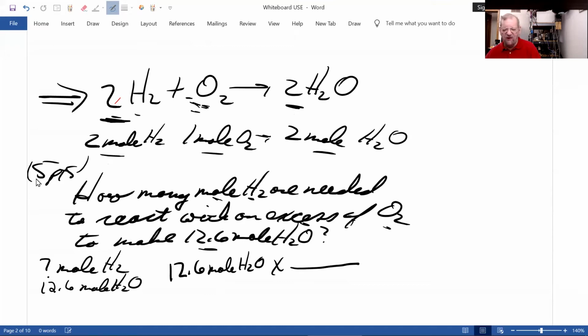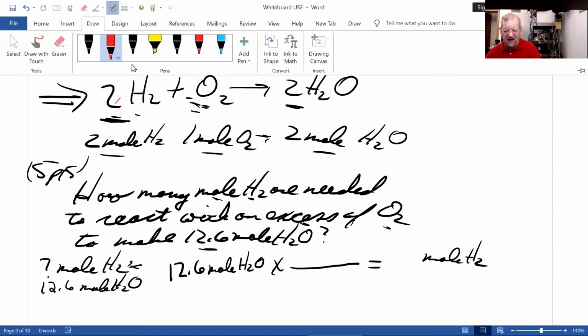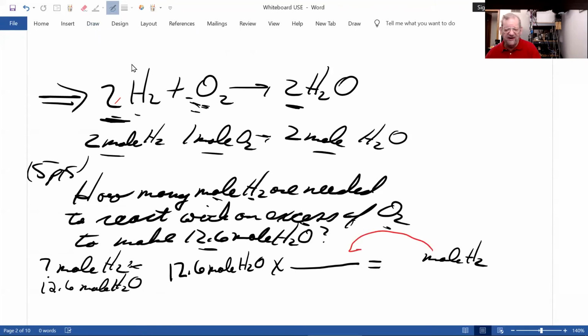If I had a ratio, what units do I want my answer to be? Well, you learned that right here. Moles of hydrogen. And now, how do you use your good buddy, unit analysis? Whatever you're trying to get to goes on top of that ratio. Whatever you're trying to get rid of goes underneath. Well, I can do that.